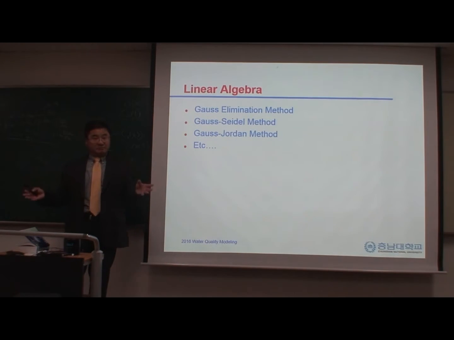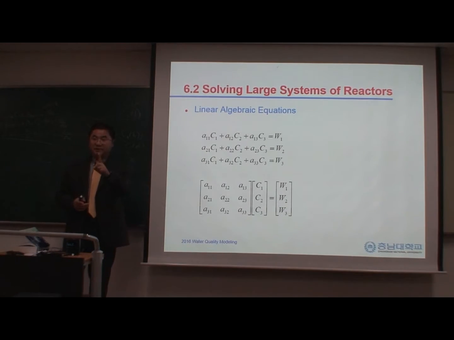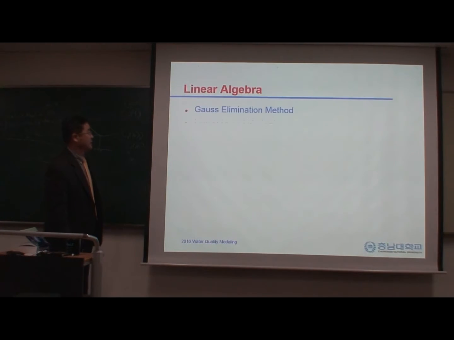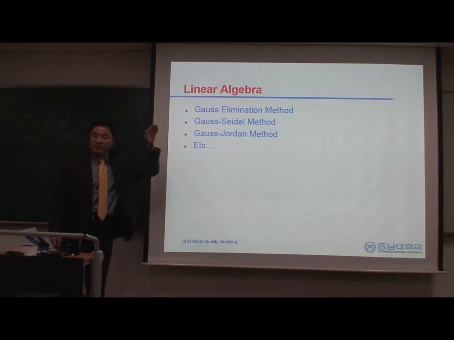But basically they are the same, because what they are doing is, I want to calculate C1, C2, C3. That's it, right? And all of them have to give you the same answer. If their answers are different, then that's not the method. That's just maybe opinion, right? Okay. So many different methods, but they have to provide the same answer.